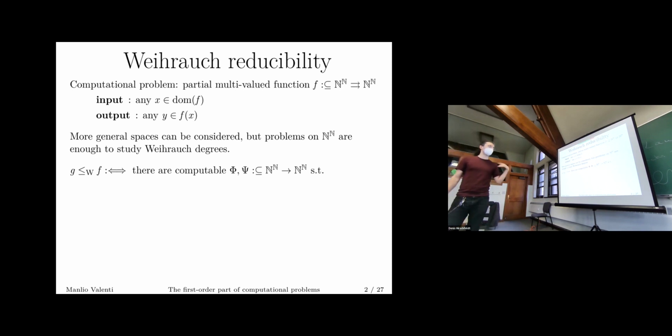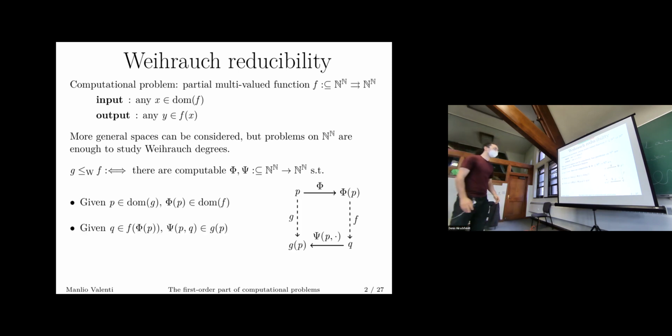So okay, the definition: given G and F, we say that G is Weihrauch below F if and only if there are two computable functions phi and psi that work as follows. You're given a p which is in the domain of G. You want to apply phi to produce an input for f, so some element phi of p in the domain of f.